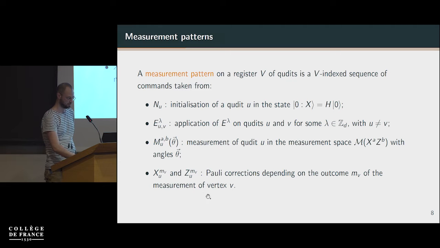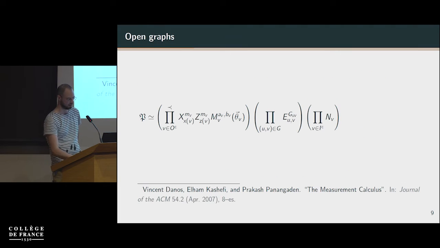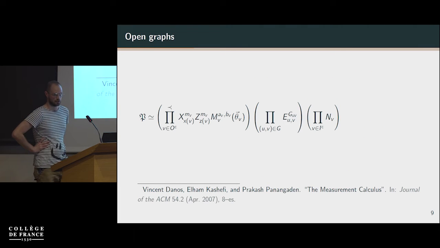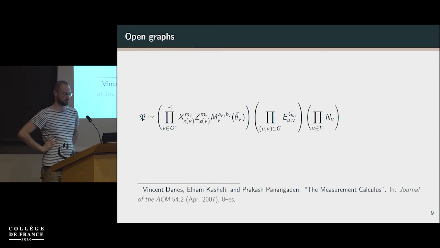And then finally, we have Pauli corrections, which here depend linearly on the outcome m of the measurement of a single vertex v. Okay? So a key result given this setting of measurement patterns was proved by Vincent Danos, Elham Kashefi and Prakash Panangaden.